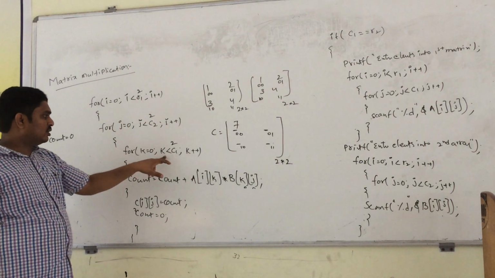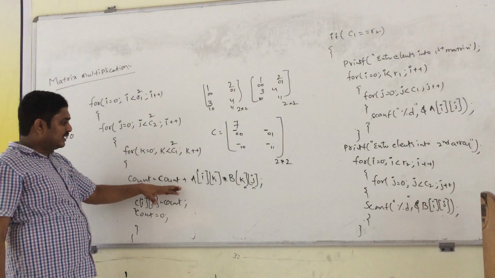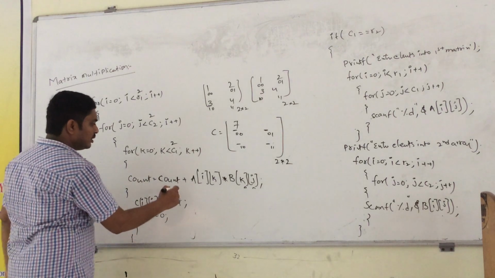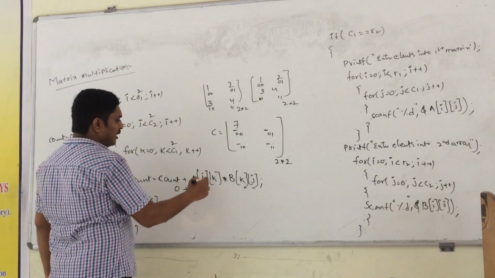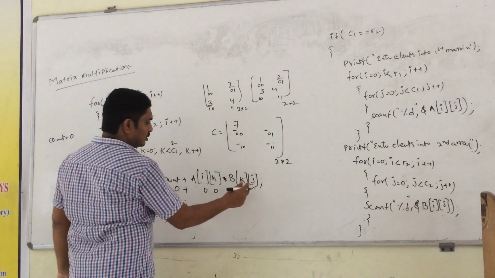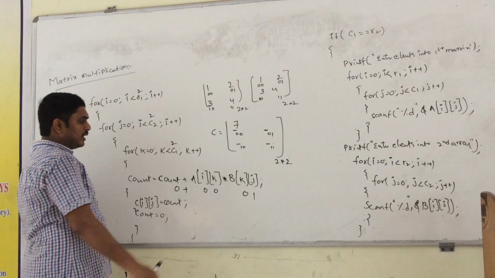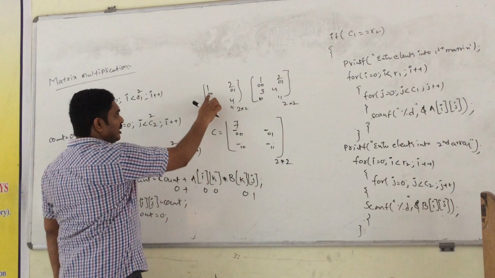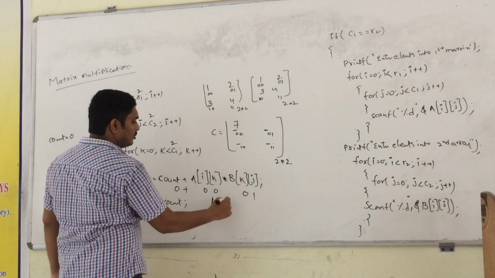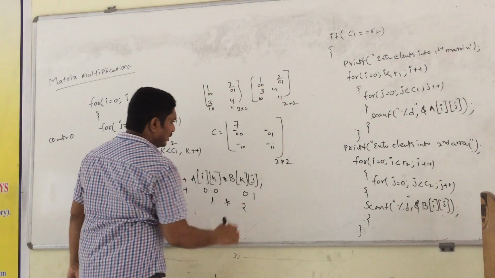k equals 0, 0 less than 2, it is true, then it enters the loop. Initially count is 0, A of i value 0, k value 0, and in B, k value is 0, j value 1. Okay, in A the 0 0 element is 1, into, in B the 0 1 element is 2.